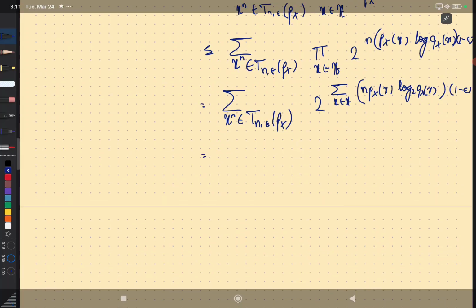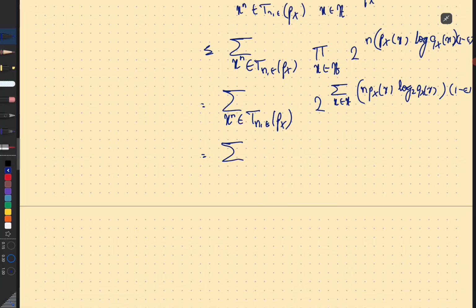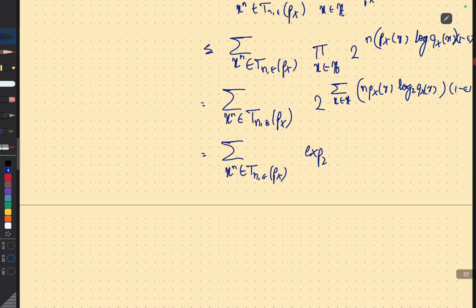Since I'm going to see many exponents of this form where the exponent itself is a summation of various quantities, instead of saying 2 to the something, I'll write this as exp2, which basically means 2 raised to something.